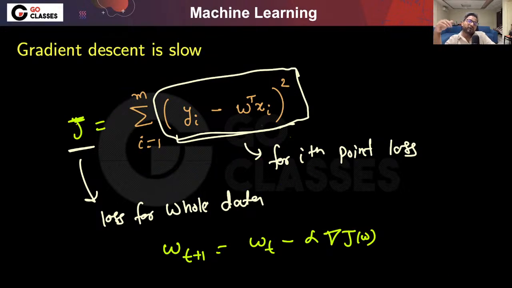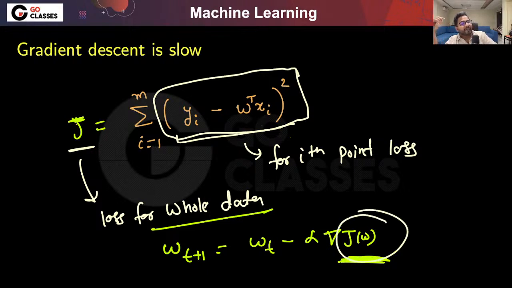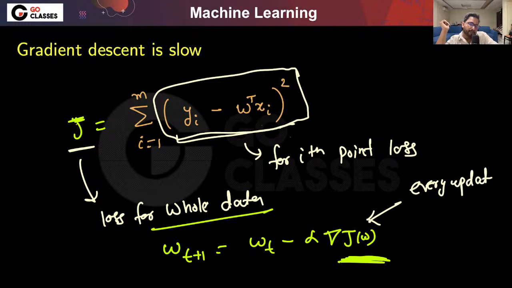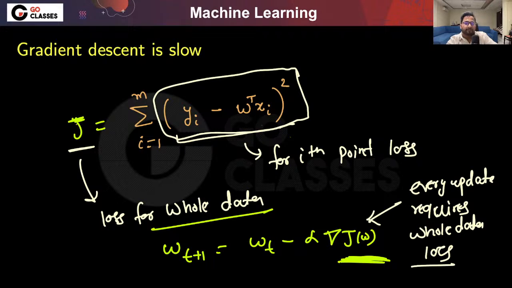So for every update, if I'm using this J of w, the train loss for the whole data, then for every update I have to go through the whole data. So every update requires the whole data loss. This is one problem here.